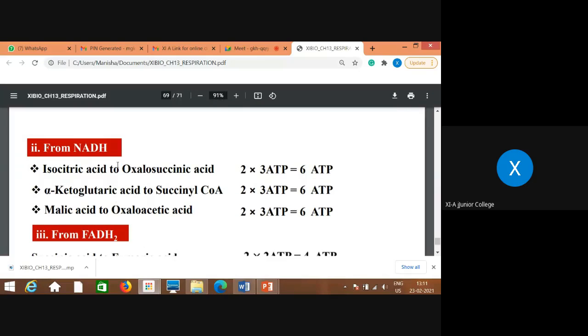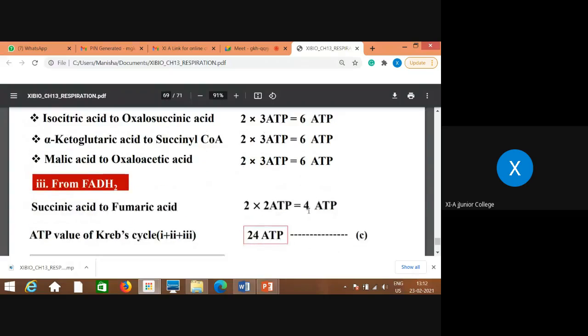These are the 3 steps where isocitric acid gets converted to oxalosuccinic acid, alpha ketoglutaric acid gets converted to succinyl coenzyme A, and malic acid gets converted into oxaloacetic acid. During all 3 steps, 2 molecules of NADH2 are produced every time. And as one NADH2 is equivalent to 3 ATP, 2 into 3, 6, 6 into 3 steps. So how many total? 6 threes are 18.